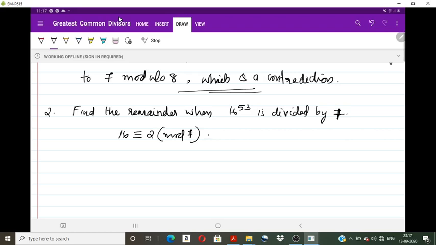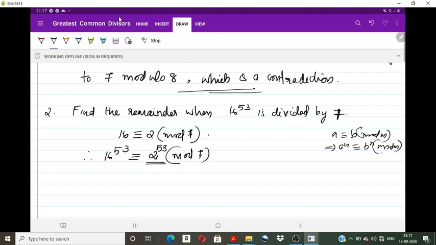In this lecture, first we have proved that if a is congruent to b modulo m, then a raised to n is congruent to b raised to n modulo m. So by that theorem, 16 raised to 53 is congruent to 2 raised to 53 modulo 7.